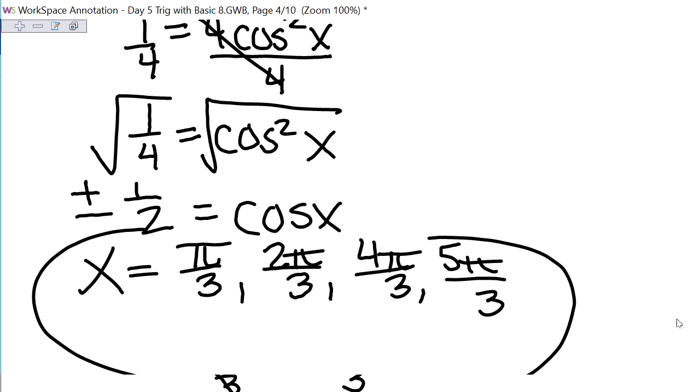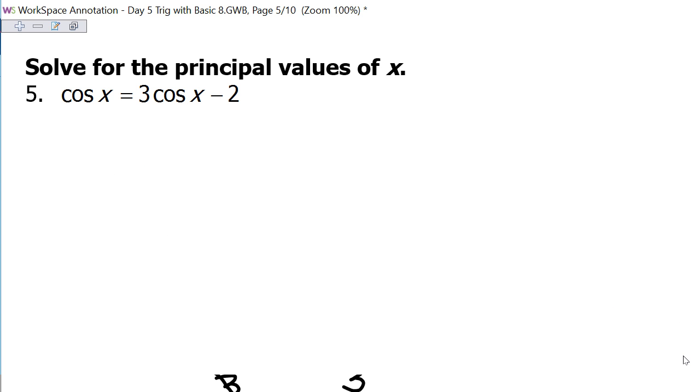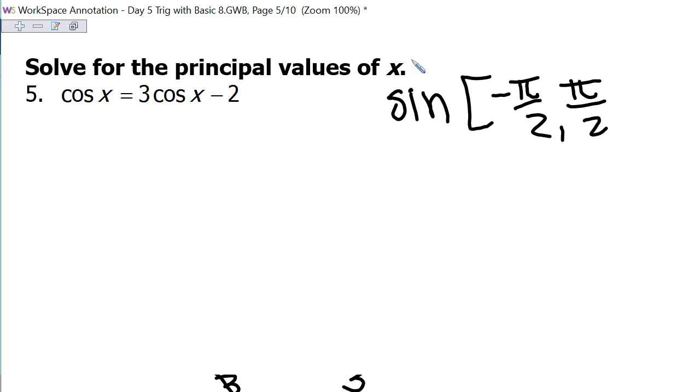Okay, number 5. Now the instructions change for us. It says to solve for the principal values of x. The principal values, functional values, the instructions are the same. And we need to recall that sine is functional from negative pi over 2 to positive pi over 2 inclusive.